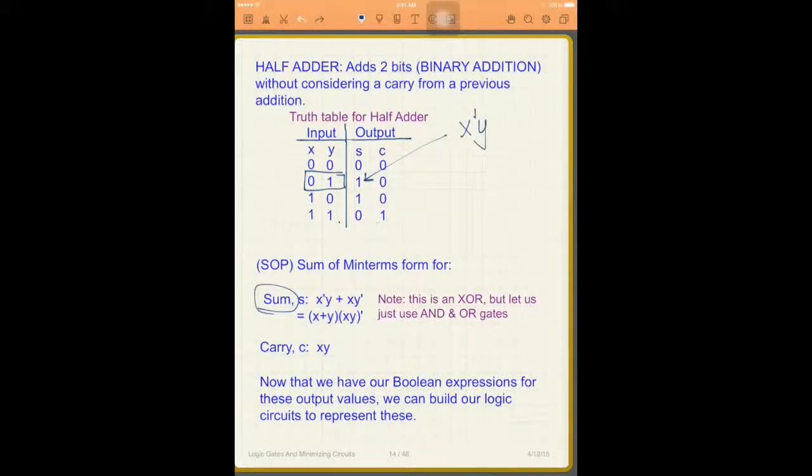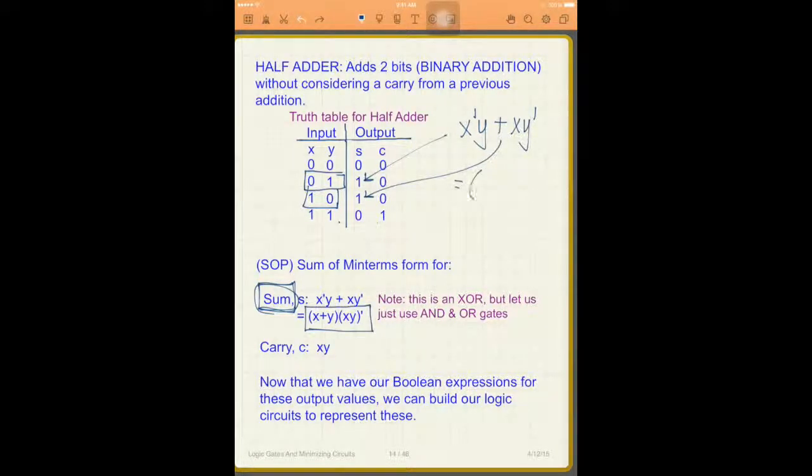And then I also have another 1 here I need to add. So to make these both 1s, I keep the x and do y complement. So that's what I have for the sum part in its sum of minterms form. We could also write it this way.